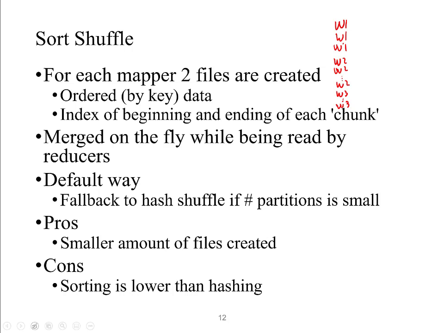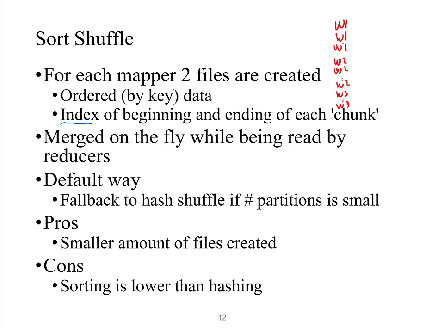Let's say the data is like this, right? So there are two files. The first file is just the ordered data, like in red, and the second one is the index of beginning and ending for each chunk.